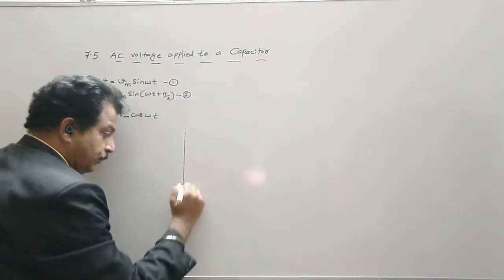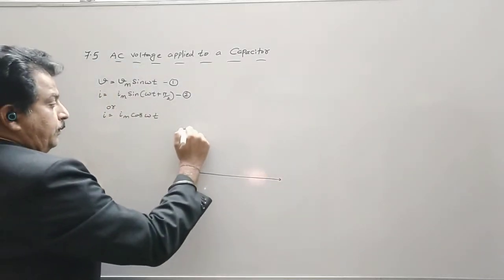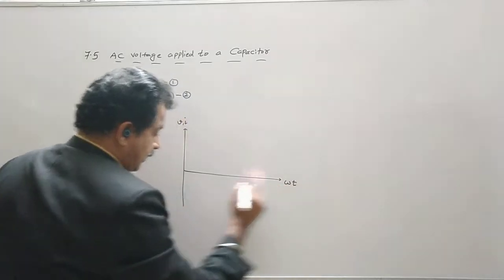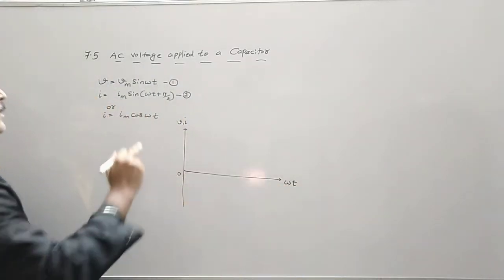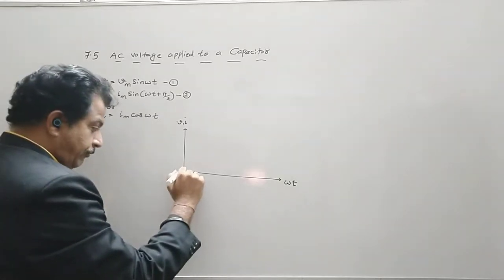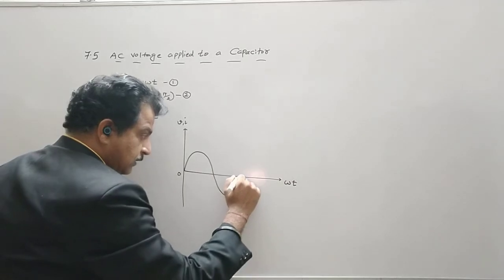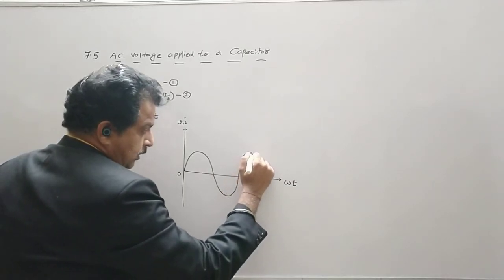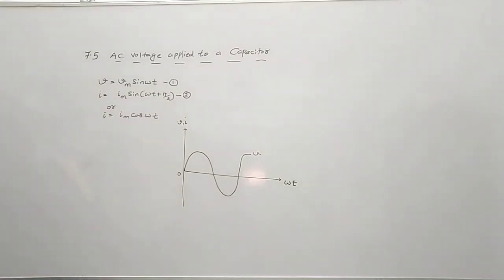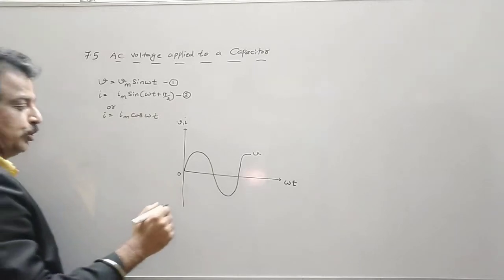So the waveform for V and I versus omega t: clearly V is a function of sine, so we first draw a sine graph. So this is a graph of V, the instantaneous voltage, and I is a function of cosine.